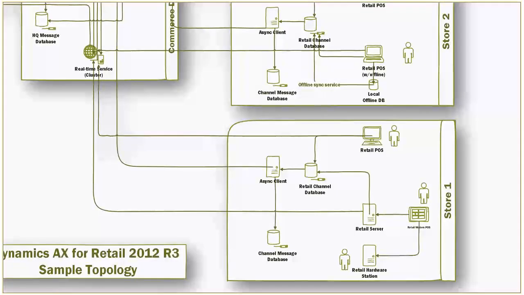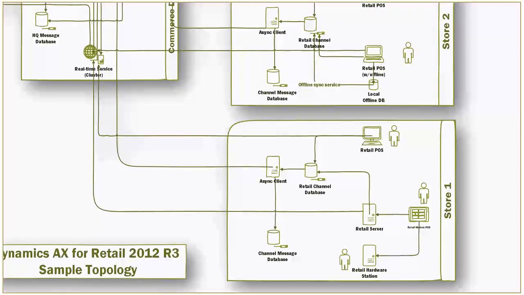But aside from that, the majority of the configuration required for the modern POS will not be surfaced as part of the installer. So the way to configure the modern point of sale application would be, after you've installed the application and you launch the application, there will be a process called device activation. This process will also be covered in a separate webcast, but to give you a brief overview, the idea of the activation process would be to capture configuration from an authorized user to activate the device for access to the retail server.